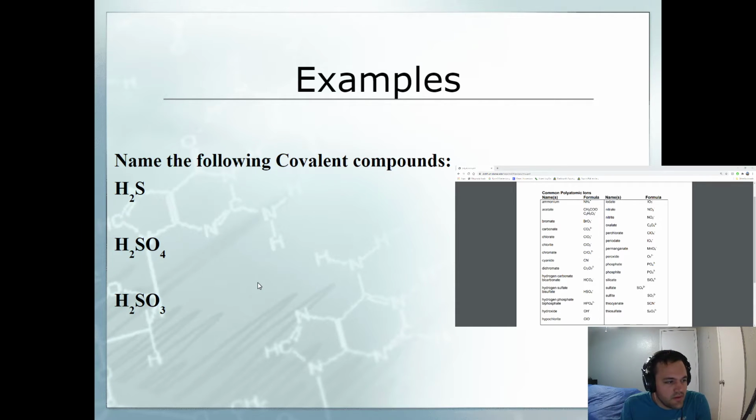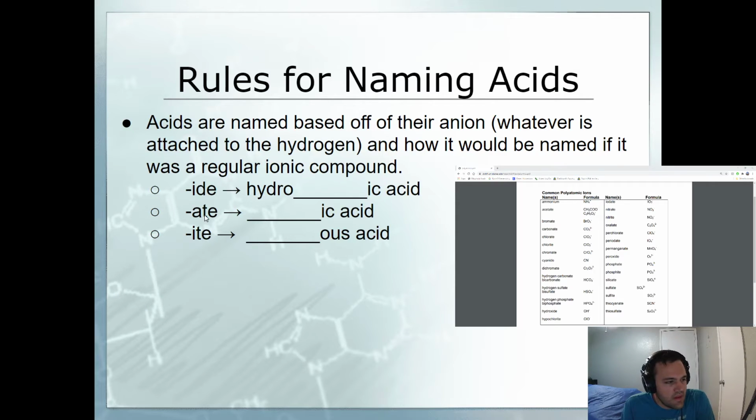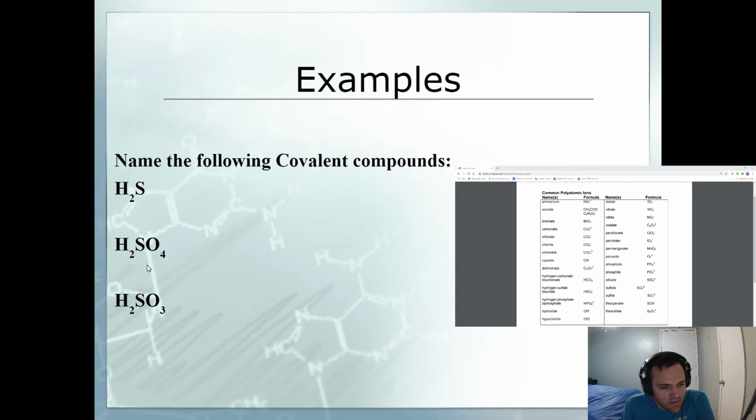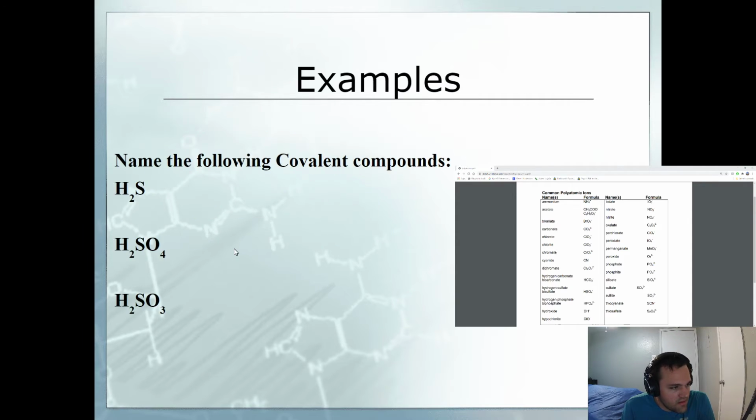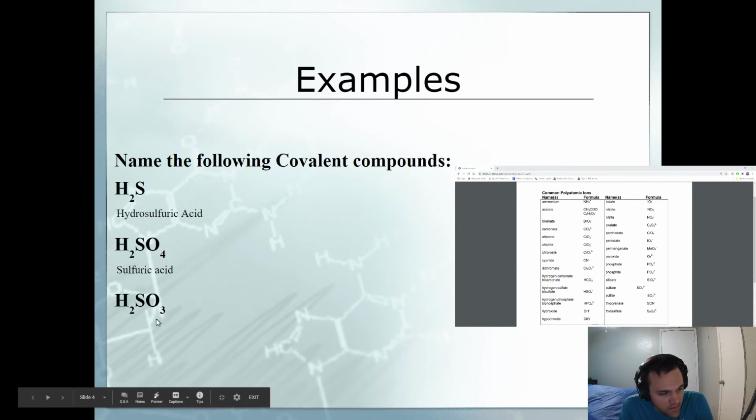So if we're going back to our rules, if it ends in ate, instead of hydrogen sulfate, this would be sulfuric acid. Because you're taking the sulfur from sulfate, and it doesn't have the hydro in front of it, so it's just sulfuric acid.